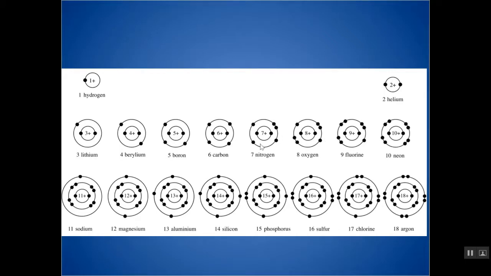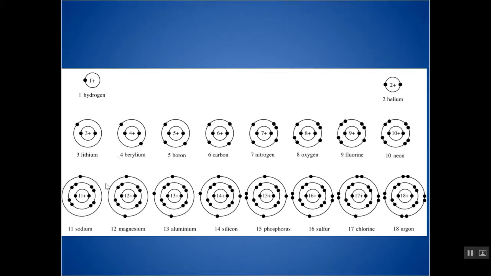You have the same number of shielding electrons, but you keep adding one proton to your nucleus, and that's going to draw my outer electrons in tighter. It's going to affect a lot of different things like radius. It might pull the radius in more. It's going to affect things like ionization energy. It might be harder to lose electrons if those electrons are closer and more attracted to the nucleus.